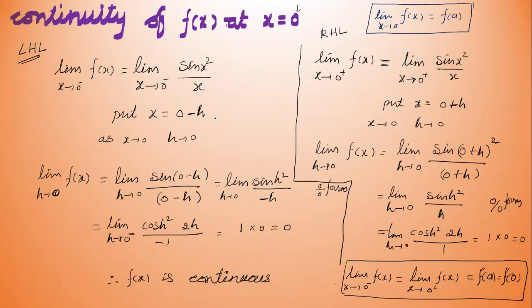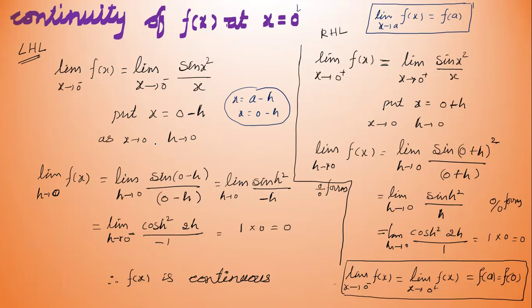Put x equal to a minus h, that means 0 minus h, since a here is 0.